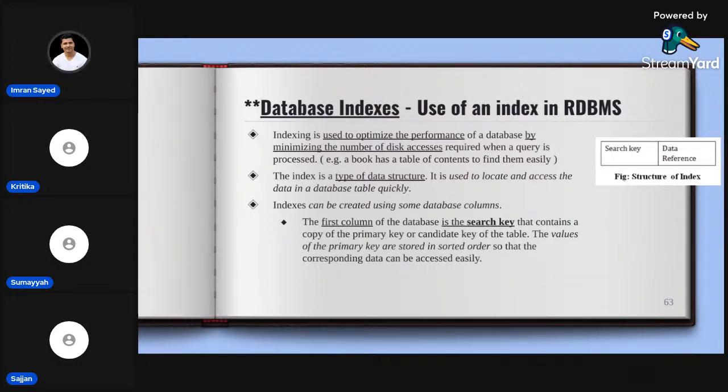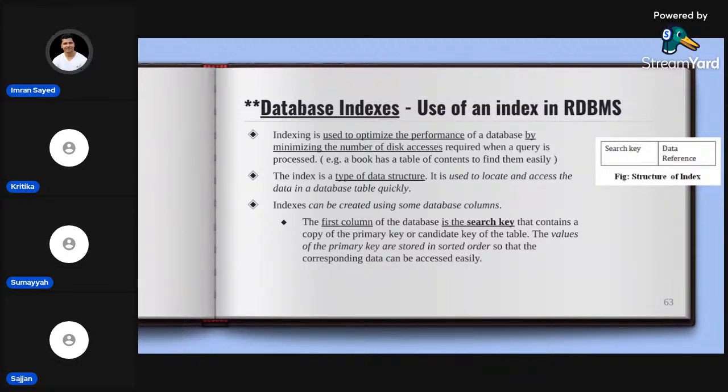Okay, so indexing is used to optimize performance. And how do we do that? We do that by minimizing the number of disk accesses. So generally, accessing the whole database is going to take a long time compared to just accessing the index. Take the example of a book. If you want to read a particular chapter that you probably read in the past, imagine you don't have the index.